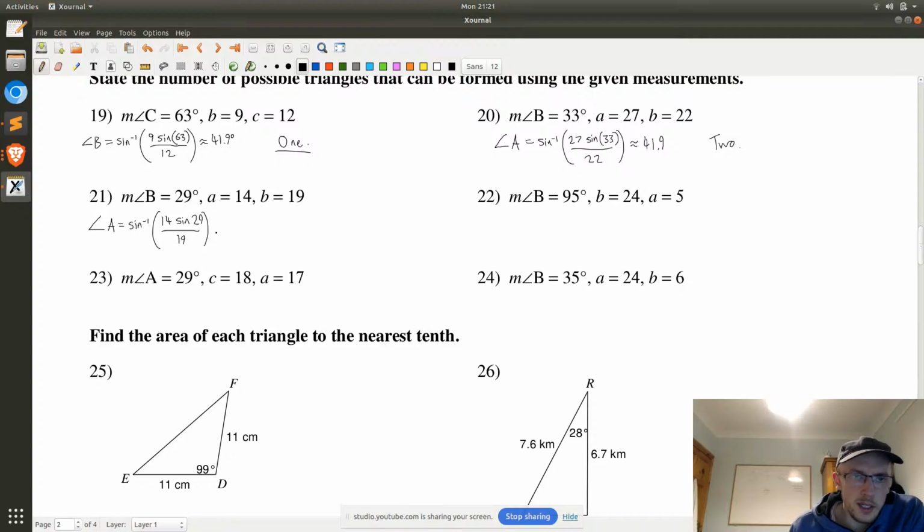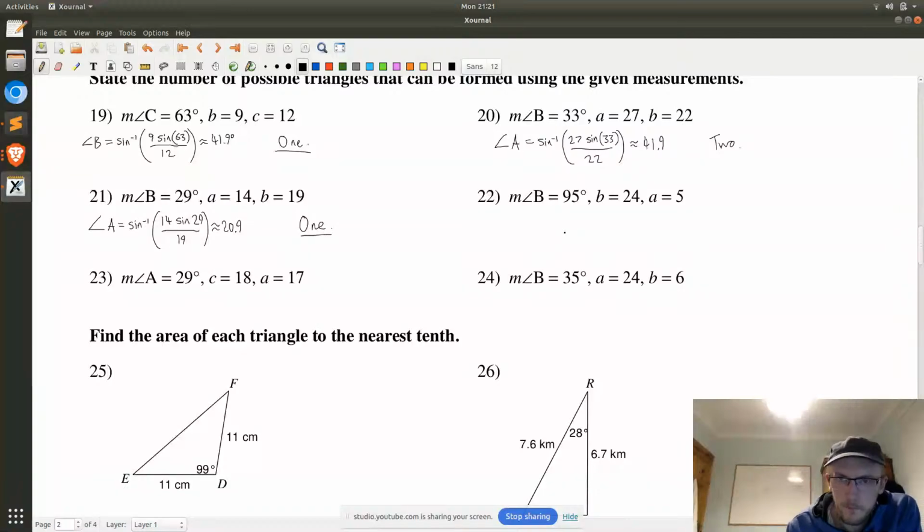So we get 20.9. So that should be one triangle. Yes.